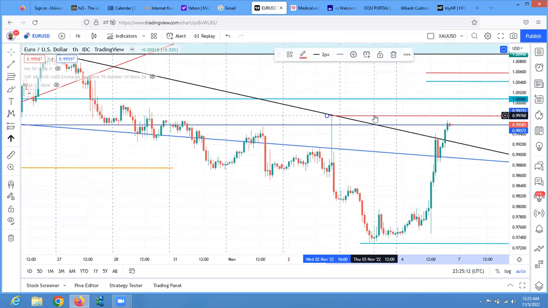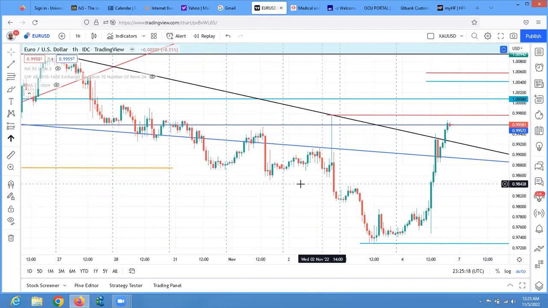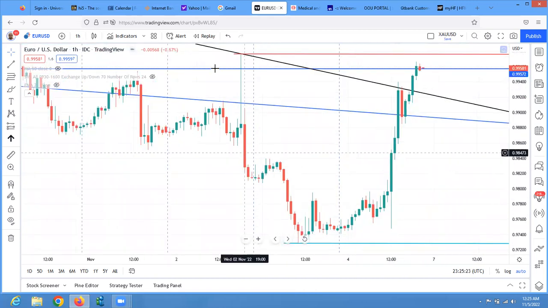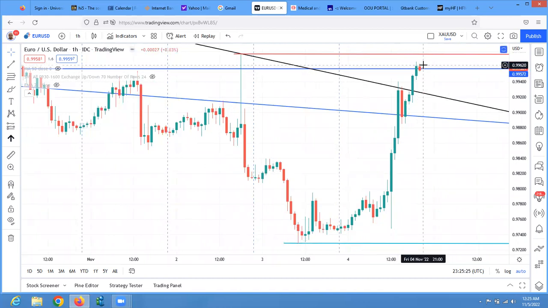Exactly. So it shouldn't violate price at that level, and we should be seeing a 3-1 and a 3-2 for more downside.